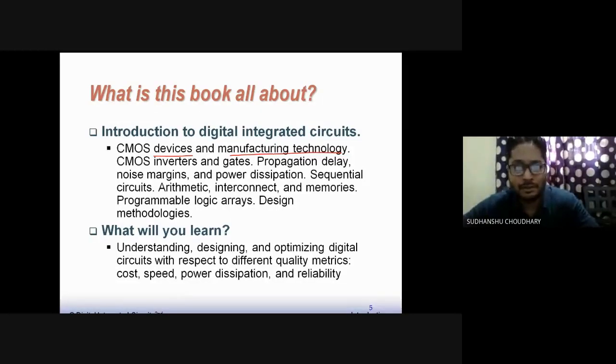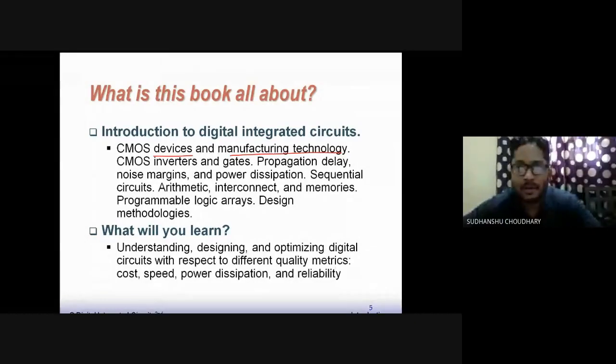You have something in your mind that you will make some IC or some circuit using some devices, but then you have to come up with a foolproof process. That process should explain how you will fabricate your circuit.